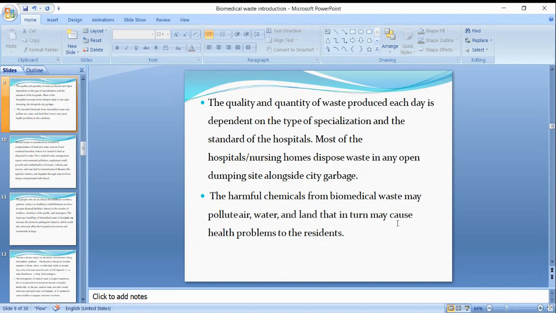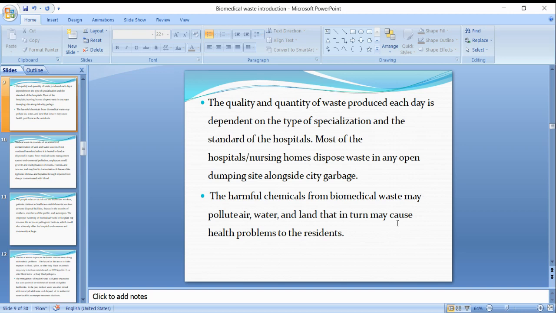Most hospitals and nursing homes dispose of waste in open dumping sites along with city garbage. In previous days, they used to dump the waste along the roadside with city garbage.